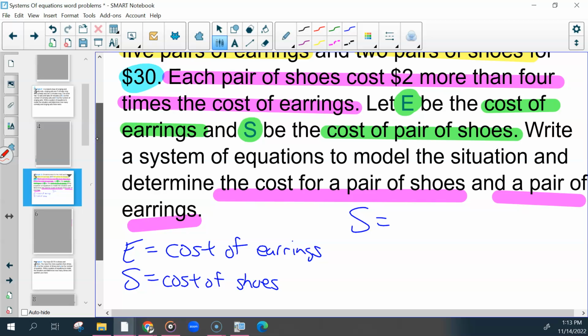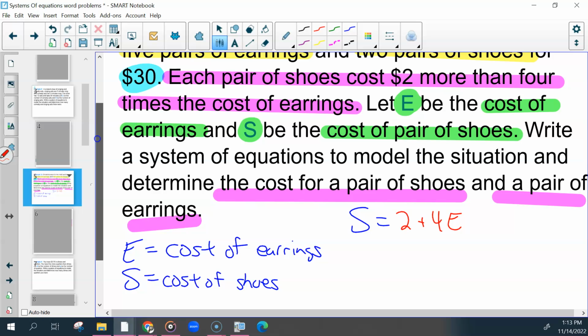How do you think we would write that? 2 plus 4e. But if you use x, sure. So then we have our equation for s.